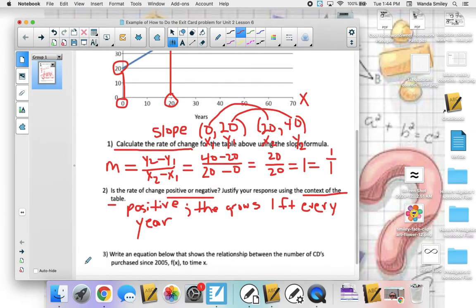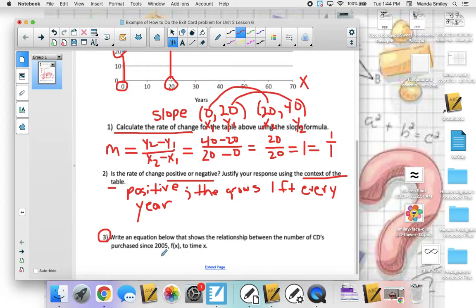So that's where we come into what we need to know about number 3. Remember we talked about slope-intercept form: y equals mx plus b. We started out with just the mx. And I know it says f of x right here, but remember we said that f of x and y are the same thing.